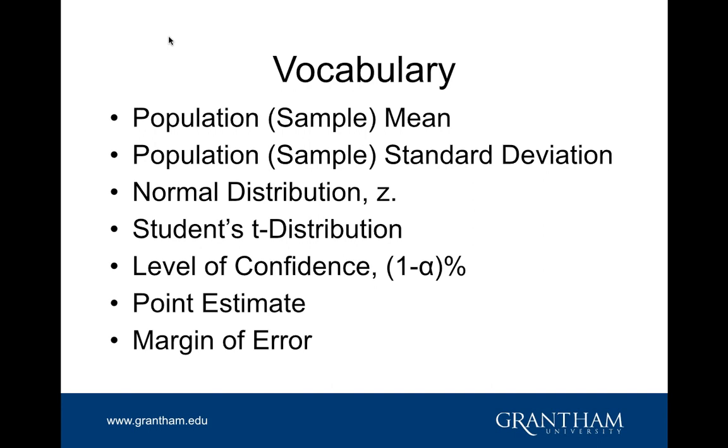We'll talk about the T distribution, level of confidence, and also point estimates and margins of error. These are all terms that you should be familiar with from your book, from your reading, and I'll just gloss over them as we go along in the webinar.